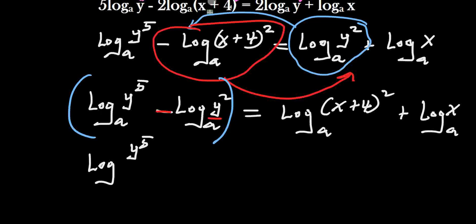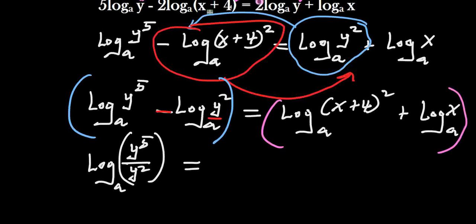So this will become y to the fifth power divided by y squared, and we can put that in parentheses to base a equal to, we are still going to write the right hand side as a single logarithm expression.